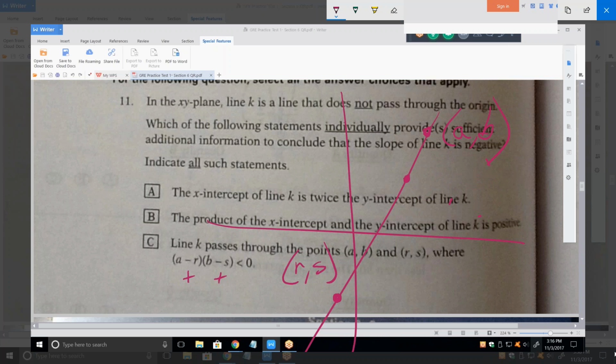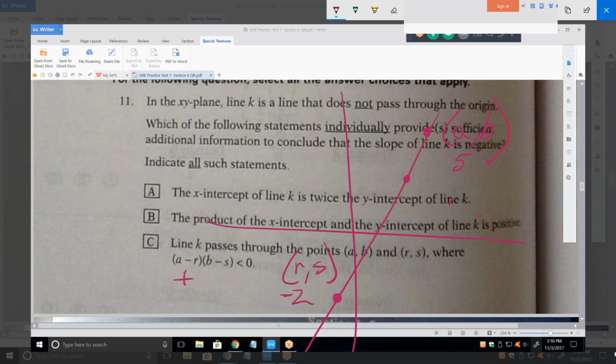What is A minus R, positive or negative? The way you can figure it out is put a positive number on A, we know it's positive, put a negative number on R, we know it's negative. Now you subtract, and it's always going to be positive.